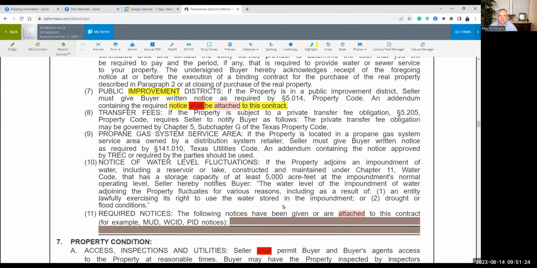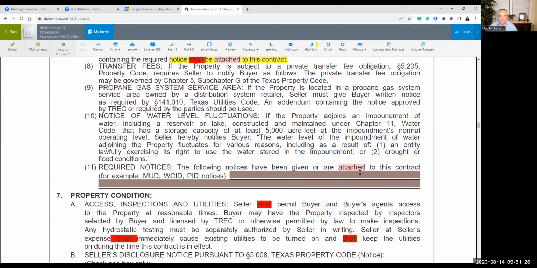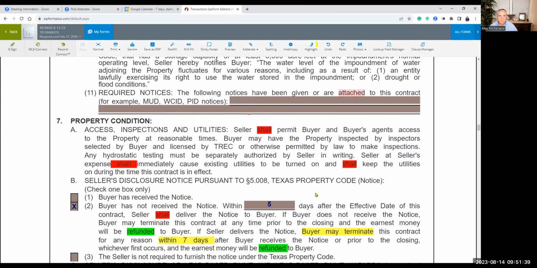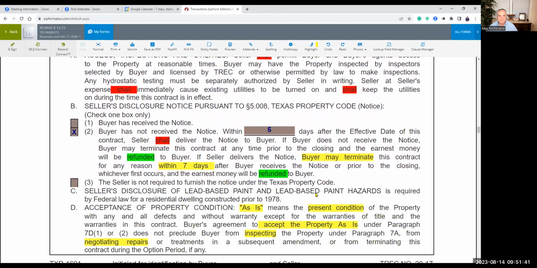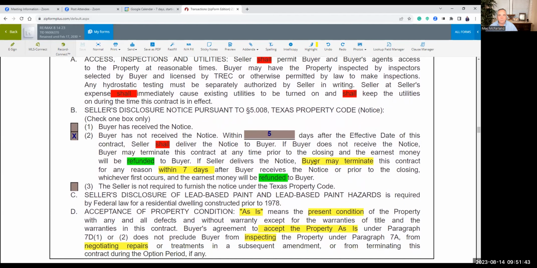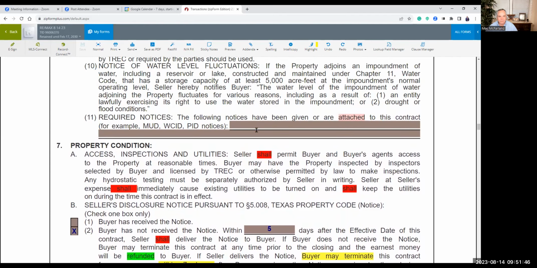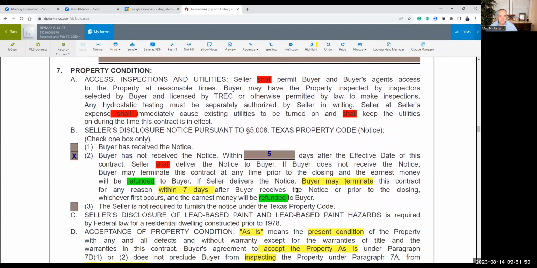And then down here, we also have required notices, and it says attached, and that's MUD, water conservation, and public improvement district. We want to make sure that we have that. Somebody had in here termites or something, or we're destroying insects. That's not the kind of notice that we put in there.